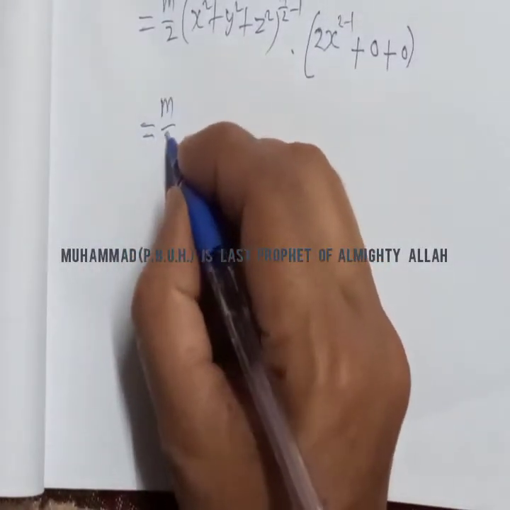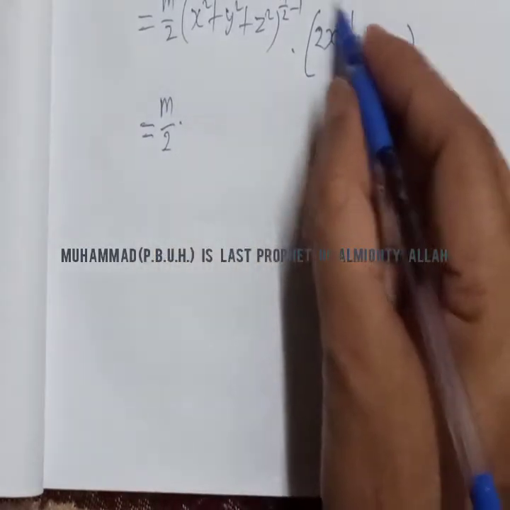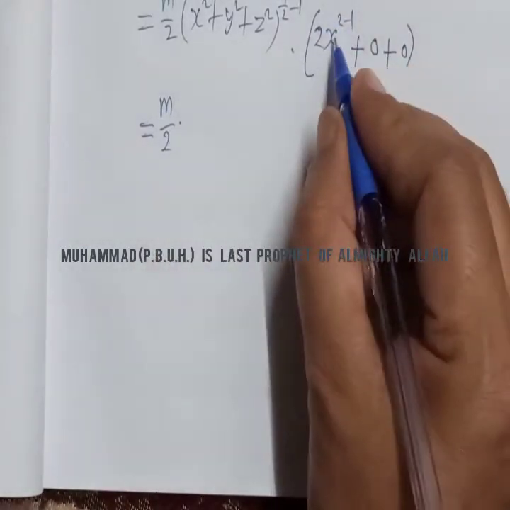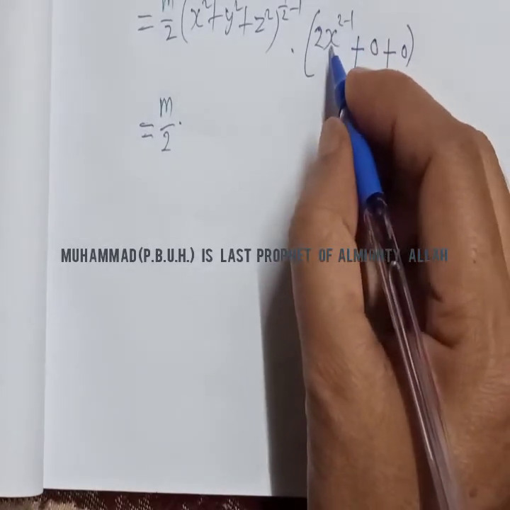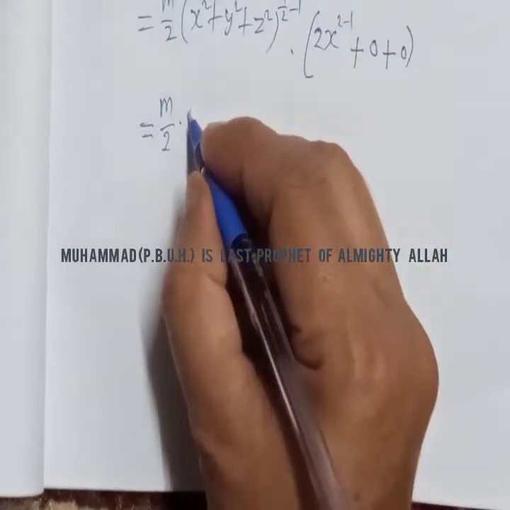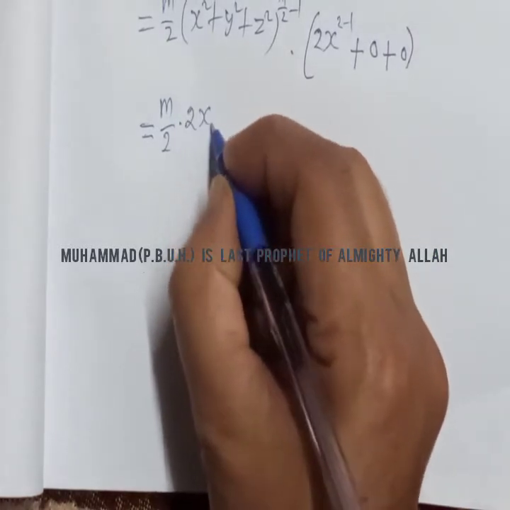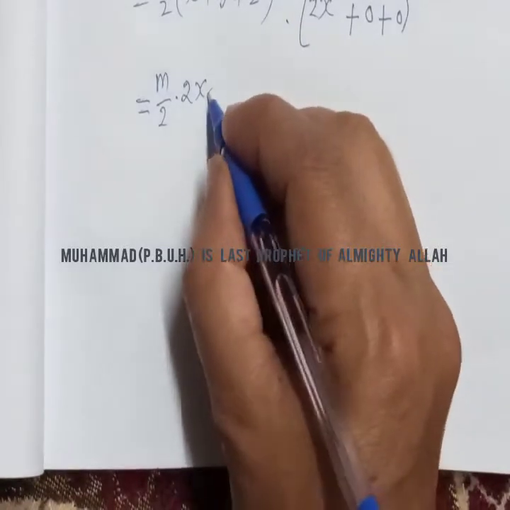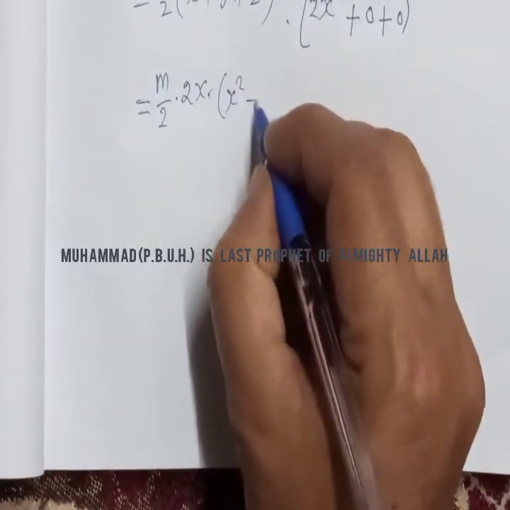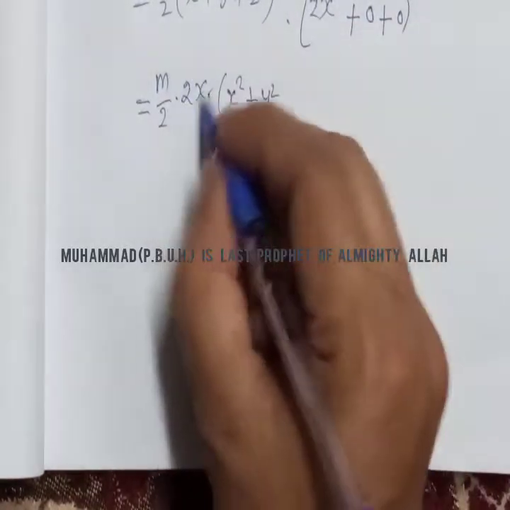M by 2, I write this value, which is equal to 2x to the power 1, which is 2x. I write it here because multiplication is commutative, so we can write 2x previously.